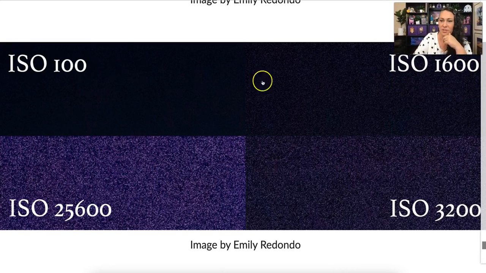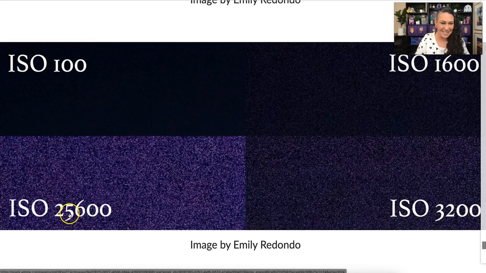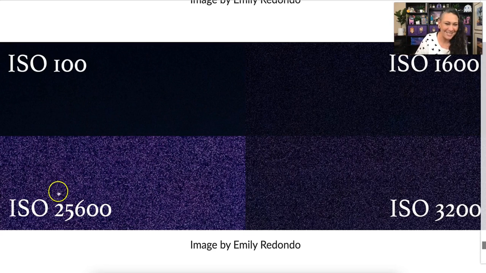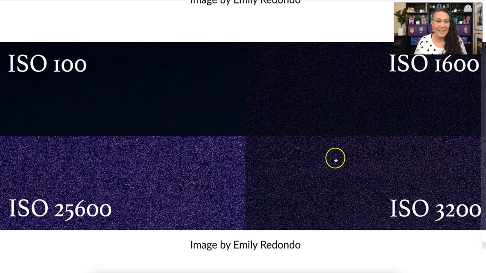We have ISO 100, 1600, 3200, and 25,600. That's the extreme on that camera. Not only are we seeing more specks, but there's also a color change starting to happen. So yeah, another important consideration. The black and white photos are black and white, so we couldn't see those color changes, but with the digital ones we can. And there's actually some sliders in Lightroom that we're going to end up looking at that can help minimize this kind of stuff and help take out extra color artifacts.